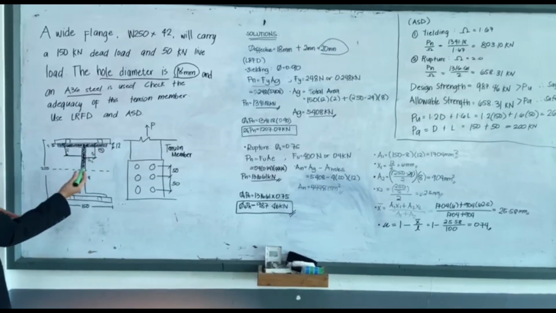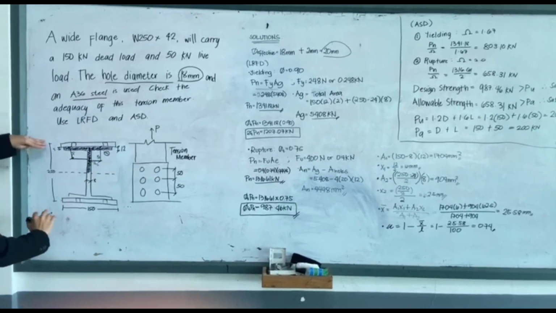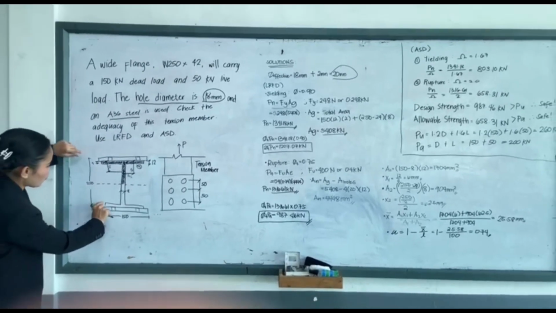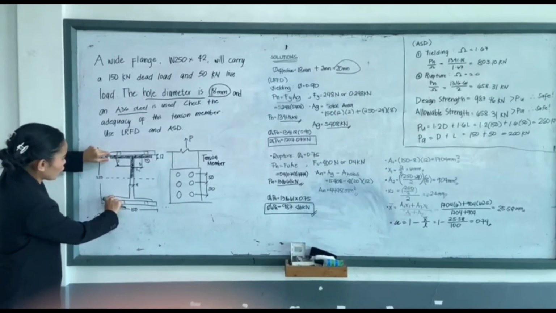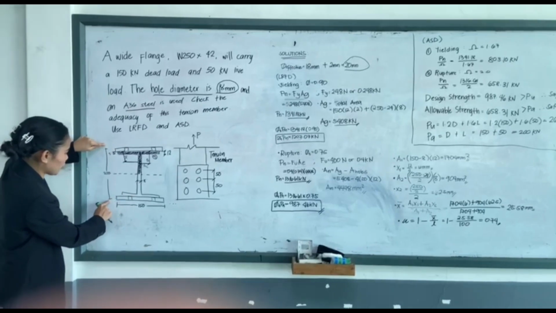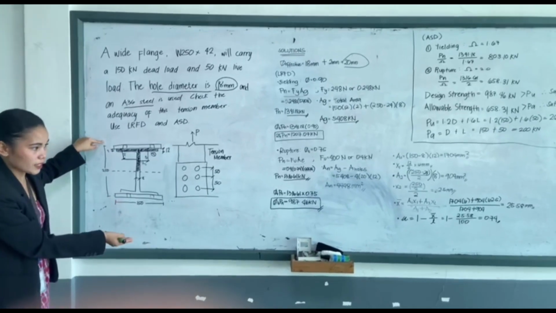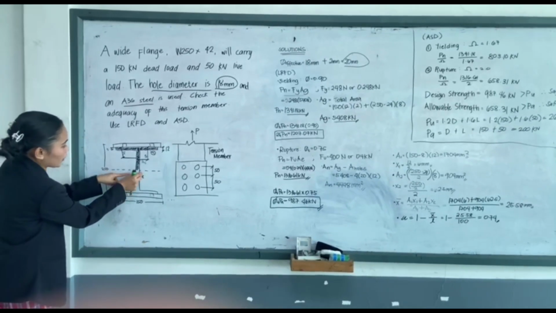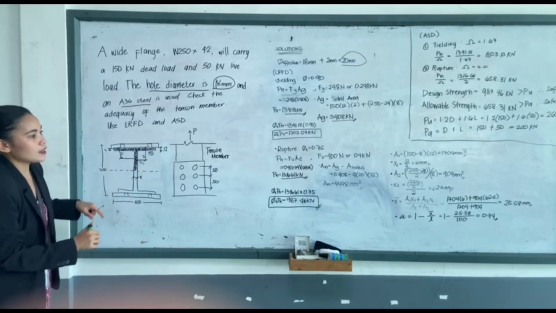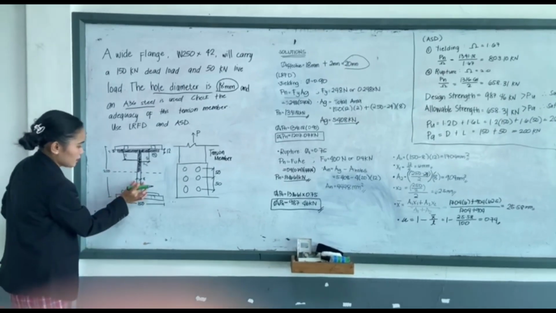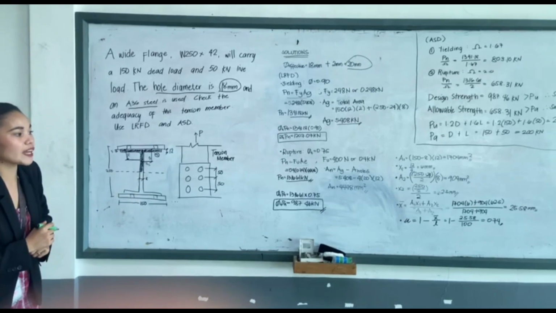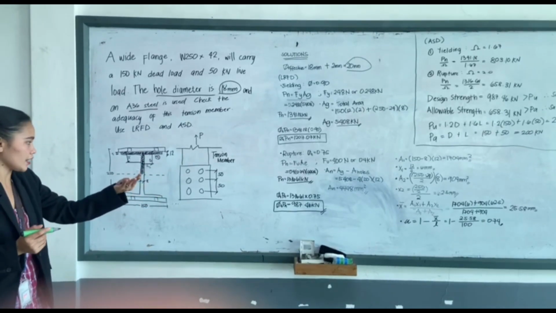For area 2, its height is 250 minus two times 12, which is 24. So 250 minus 24 is 226, divided by 2 since it is half, times its thickness of 8. So we have 904 mm squared for area 2.